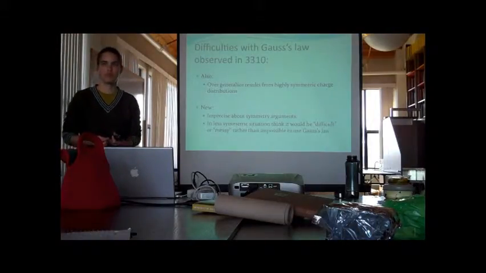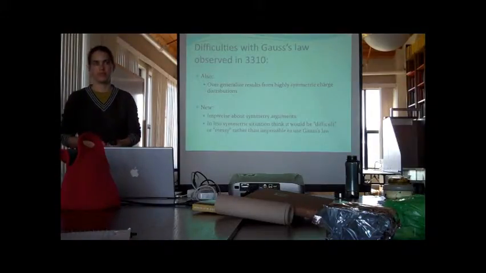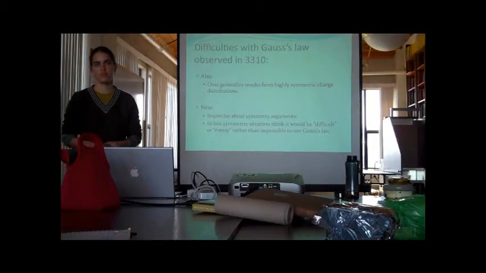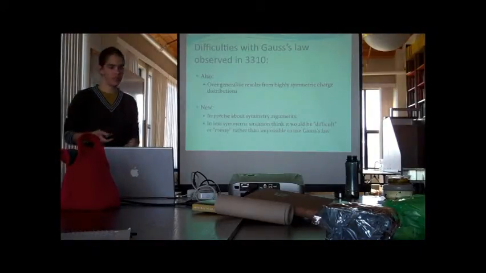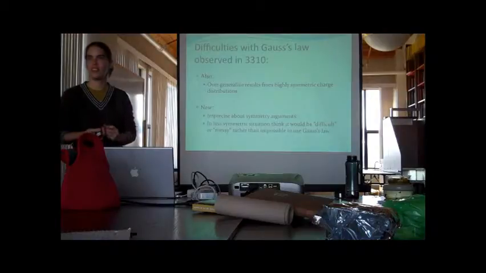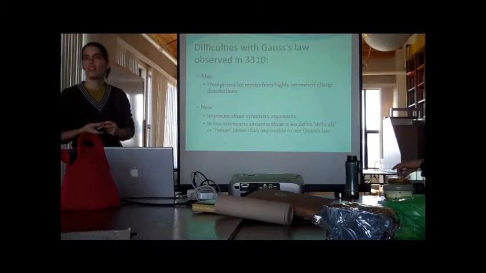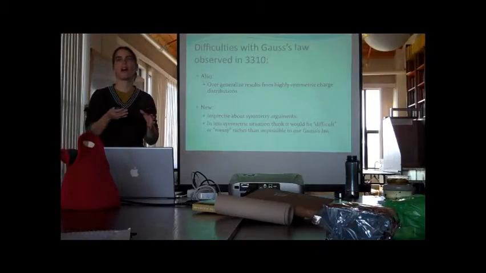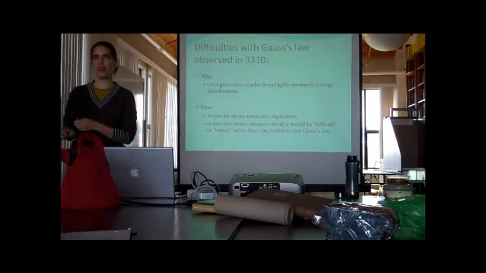I think what Rachel is seeing is that they're confusing the difficulty but possibility of using Coulomb's law with the impossibility of using Gauss's law for a non-symmetric situation. Does that make sense? I was just making sure they're not talking about calculating flux. I'm not talking about calculating a flux, and I don't think the students are either.